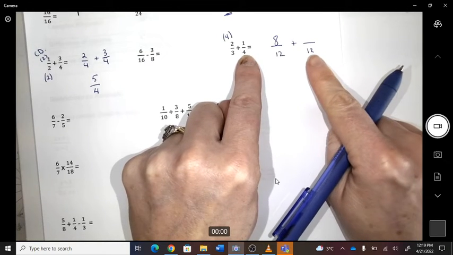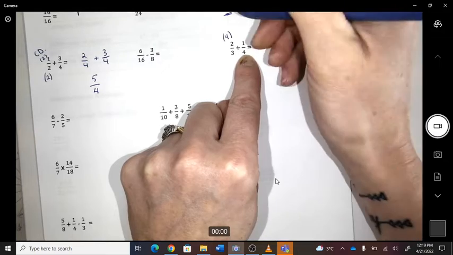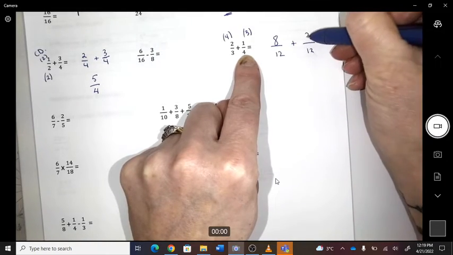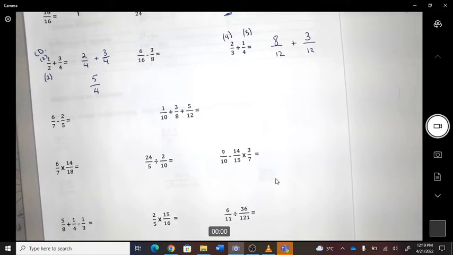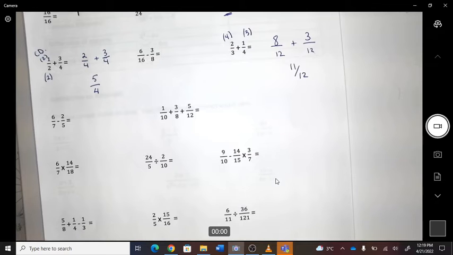How did I change this 4 to 12? Times by 3. So now the top will become a 3. So 11/12. Okay, so common denominator, that's the big idea.